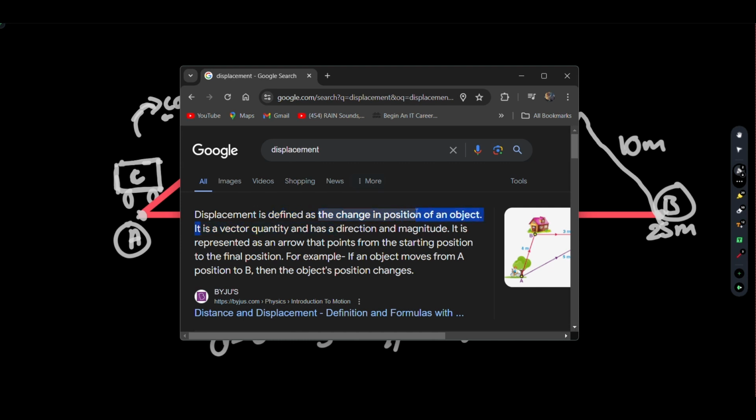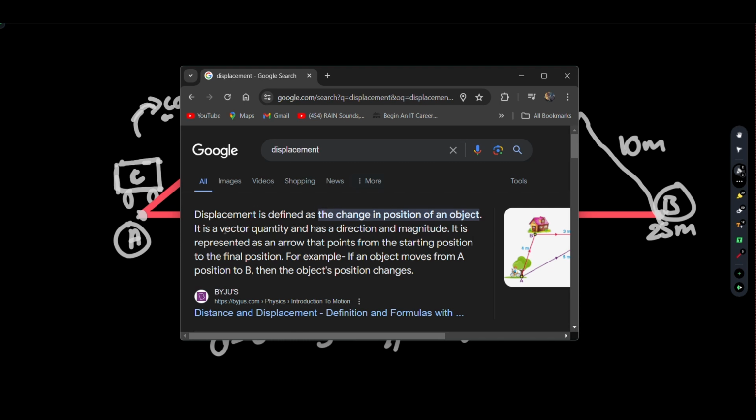Don't worry about it right now. I'll talk about the direction and magnitude. It is represented by an arrow from the starting position to the final position, just like I said, guys.